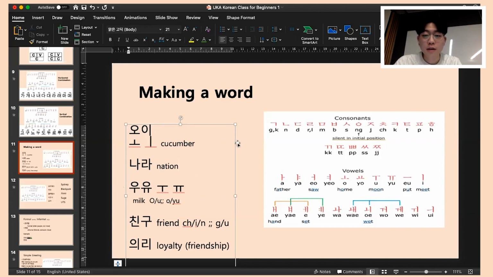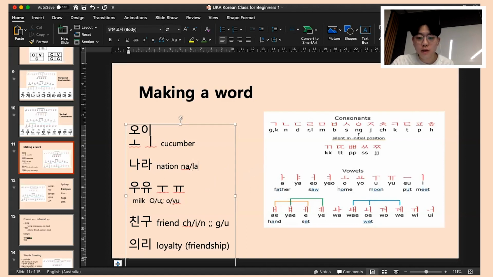Nara. So you have N with A, that's na. I'll write it just in case. Na, ra. R or L, with the A sound, na, ra.